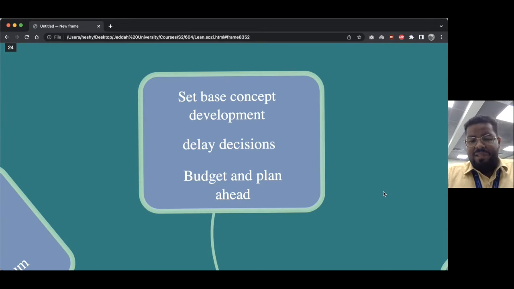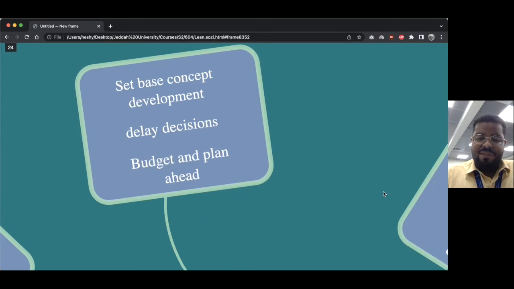Also, set a basis for concept development. Avoid designing arbitrarily or without any basis. Delay your decisions as much as possible, because we don't know what would come out in the market or in the designs. And thorough planning, either on budget or steps.